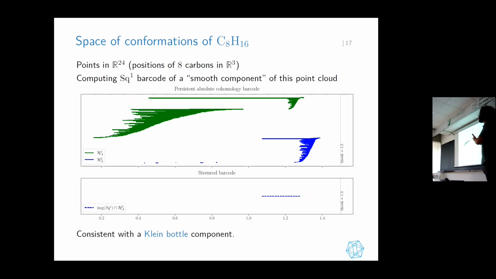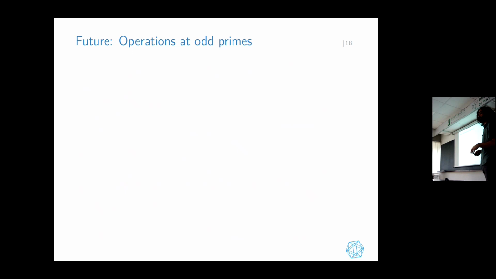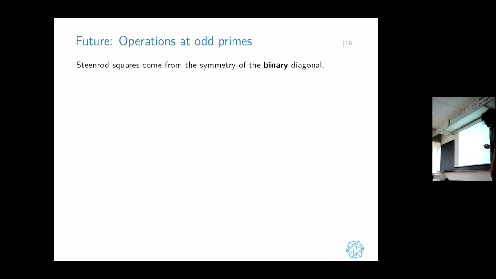We already saw Steenrod squares, but it turns out that Steenrod squares are just the beginning of higher structures in the same spirit that are present with odd prime coefficients. Those are Steenrod operations.